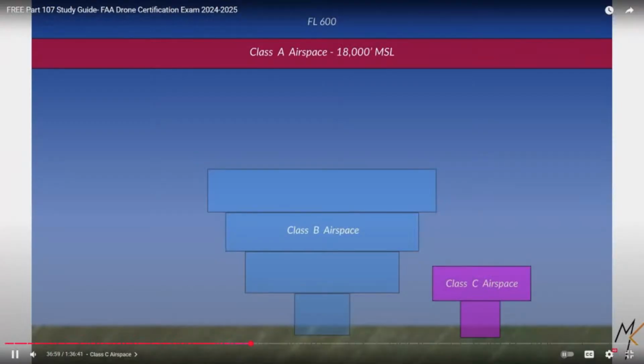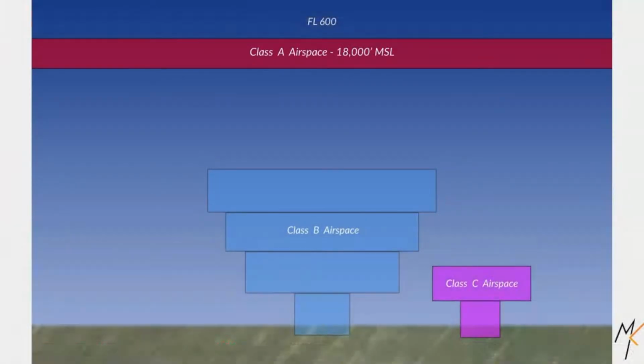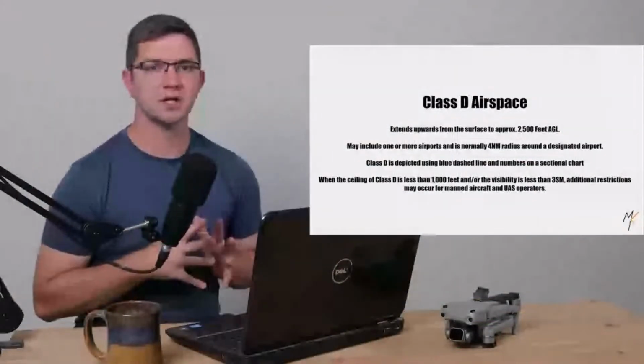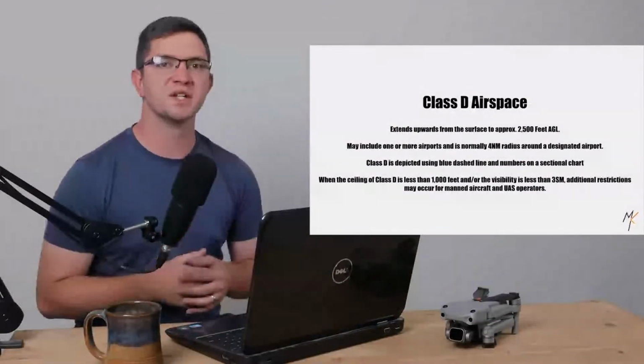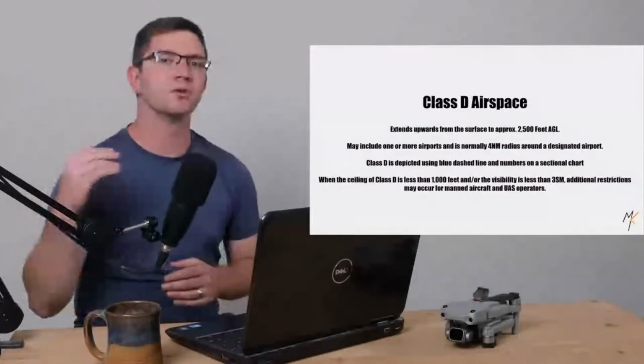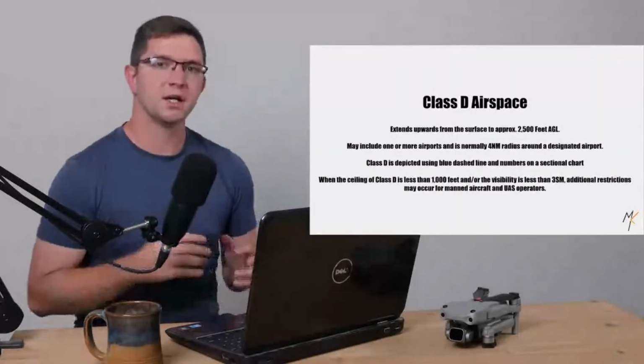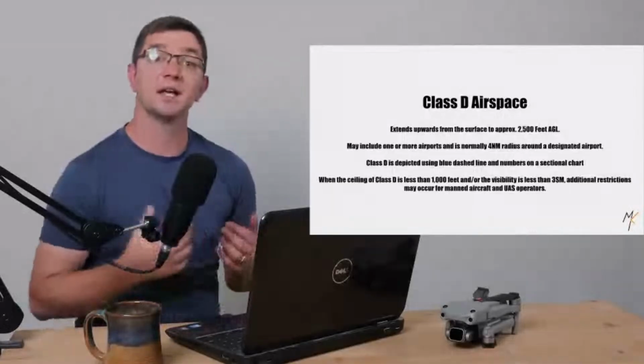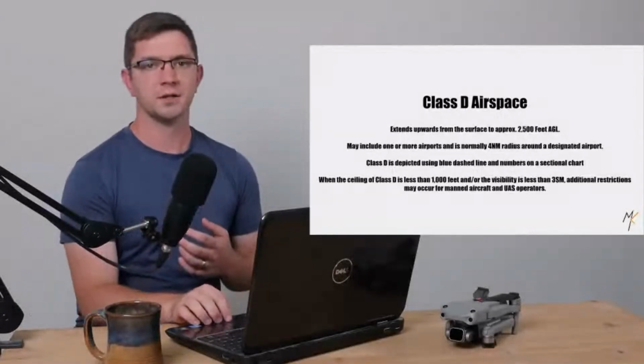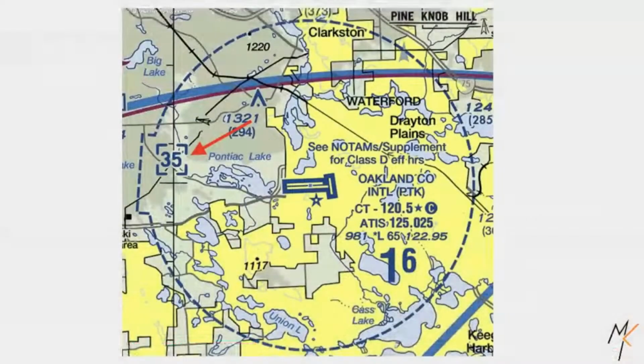Now, here's what it looks like next to Class Bravo if we were to compare the different airspaces so far. Class D, or Class Delta airspace. This class of airspace extends from the surface all the way up to 2,500 feet AGL. It can have multiple airports inside it and has a normal radius of 4 nautical miles around airports. On a sectional chart, it's depicted in blue as well, but it's distinguished as dashed blue lines, as you can see on the sectional chart.